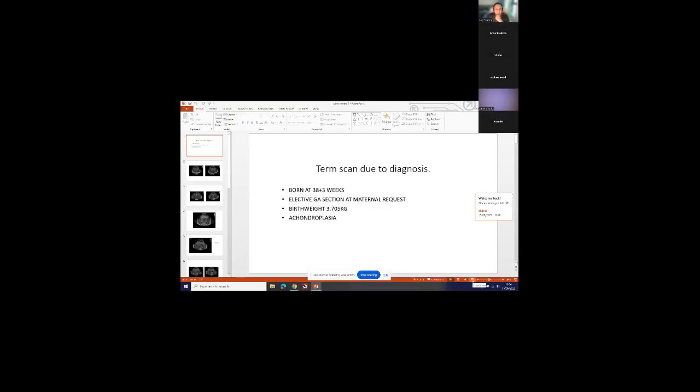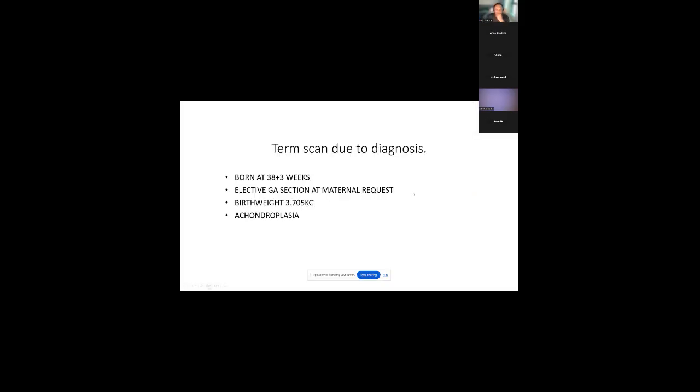Yes, yep. This one that I wanted to share, it was actually because it was a term baby who had been diagnosed with achondroplasia, and I just thought that this was a term scan. He was 3.7 kilos. He was 38 plus 3 weeks when he was born, but he actually was about 40 weeks when I did the scan, and I just think it looks quite different than a term scan of other babies.